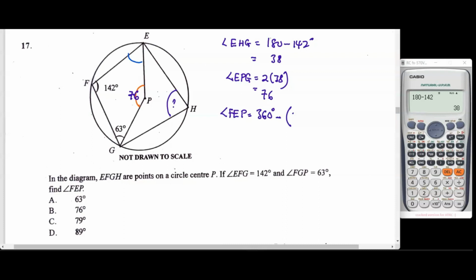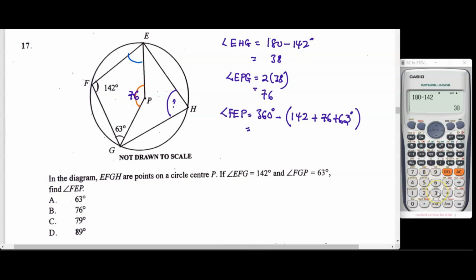So that is going to be 142 plus 76 plus 63 degrees. So what is the value? Let's use our calculator to make it faster.